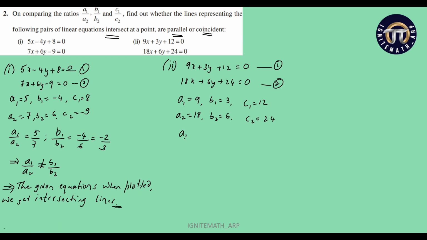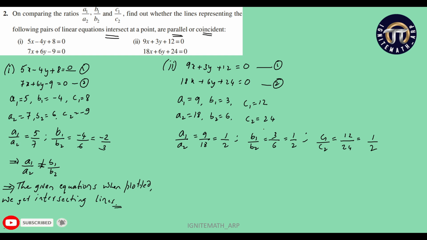So now I will find out a1 by a2: 9 by 18, I get it as 1 by 2. Then b1 by b2: 3 by 6, that is equal to 1 by 2. Then c1 by c2: 12 by 24 is equal to 1 by 2. So when you compare the values of a1 by a2, b1 by b2 and c1 by c2, all of them are the same.